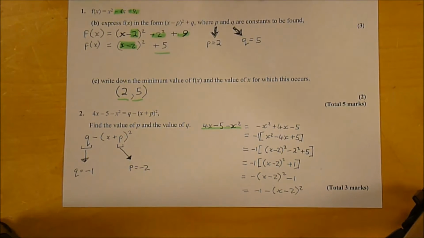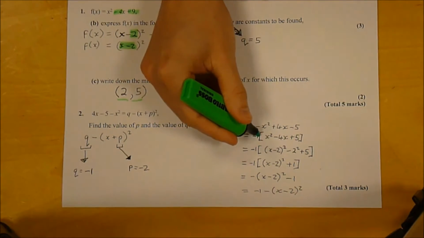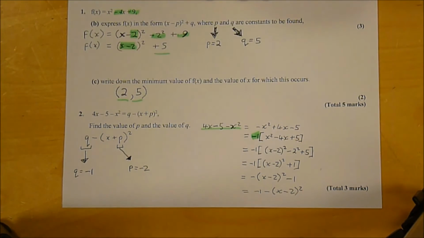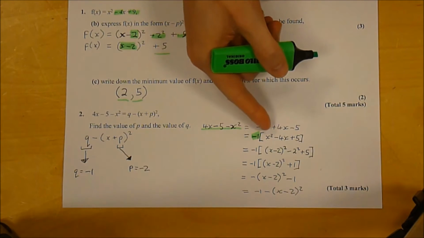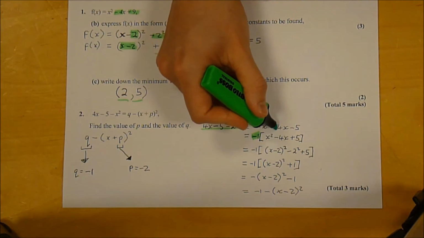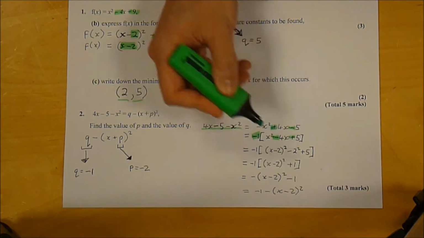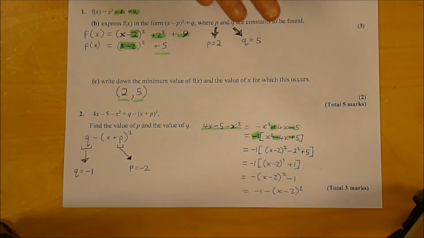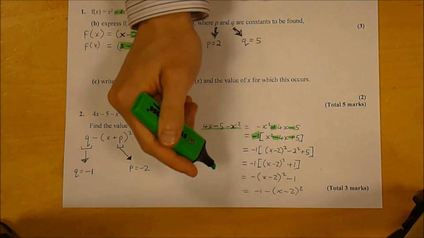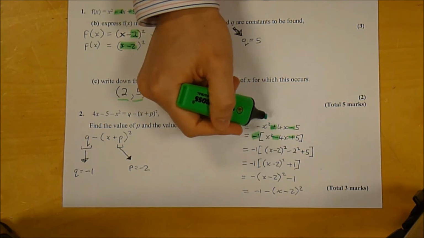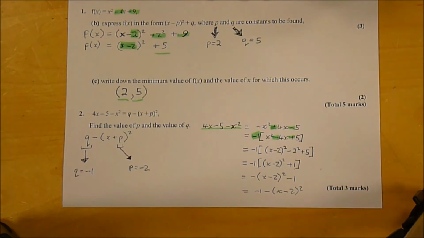We're used to completing the square with just an x squared, not a minus. So I'm factorising -1 out straight away. You'll notice the -x² becomes positive x², the +4x becomes -4x, and the -5 becomes +5. Just take that -1 out, we'll deal with it later. Now that we've got it in that form, we can go ahead and complete the square like we did in question 1.